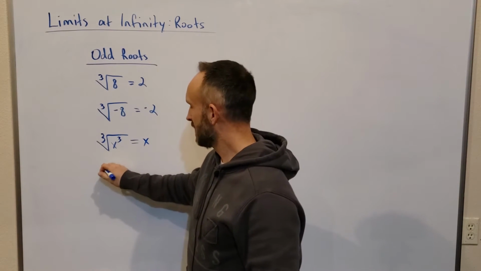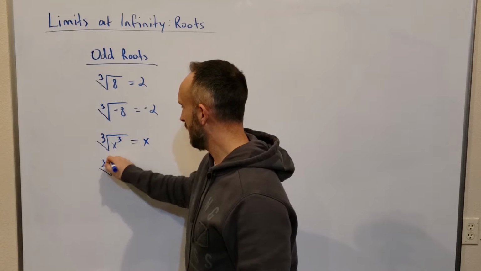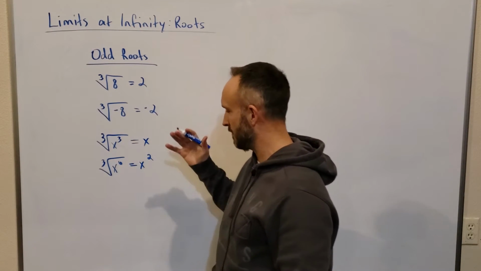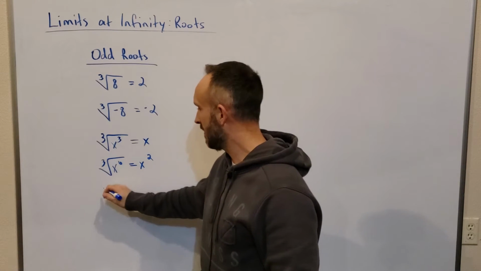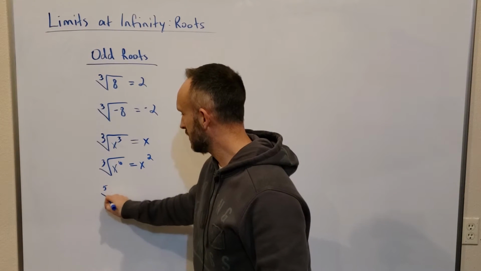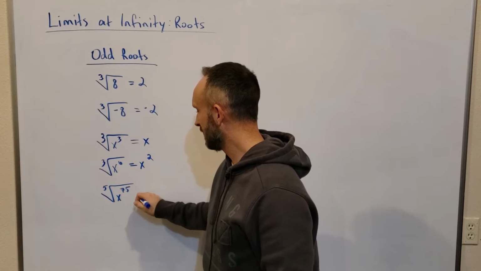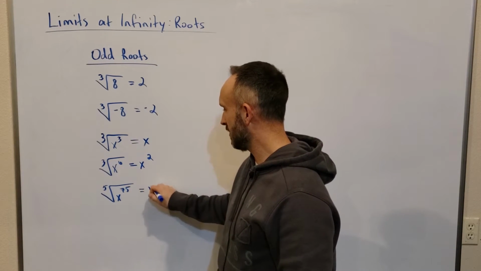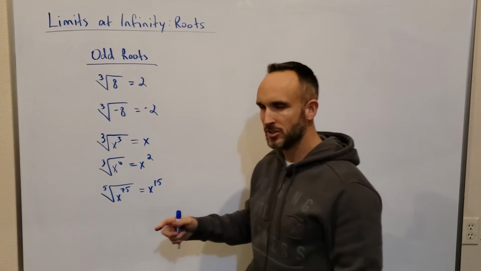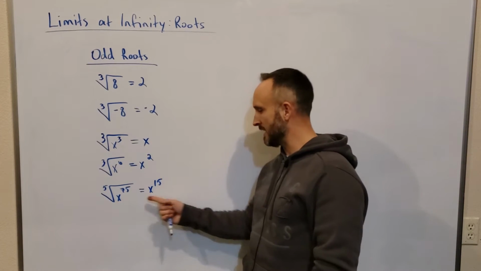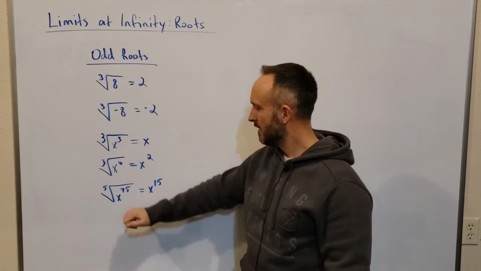Furthermore, if you look at the cube root of x to the sixth power, well, that's also no problem, that's x squared, just straightforward. If you have the fifth root of x to the 75th, no problem, it's x to the 15th, because it would take 5 x to the 15ths multiplied together to give you x to the 75th.